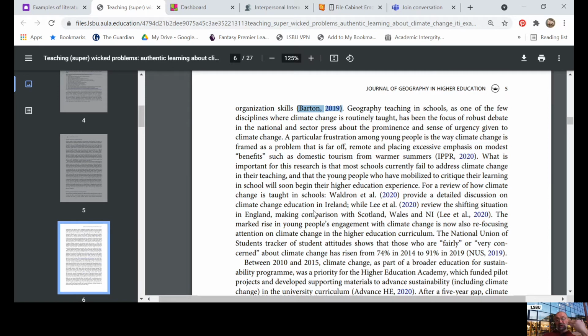So you might write about what the first author says, and then you might say, similarly, this author writes about that subject and is making similar points. So you are bringing your voice in there by pointing out to the reader what the relationship is between what author A says and what author B says.